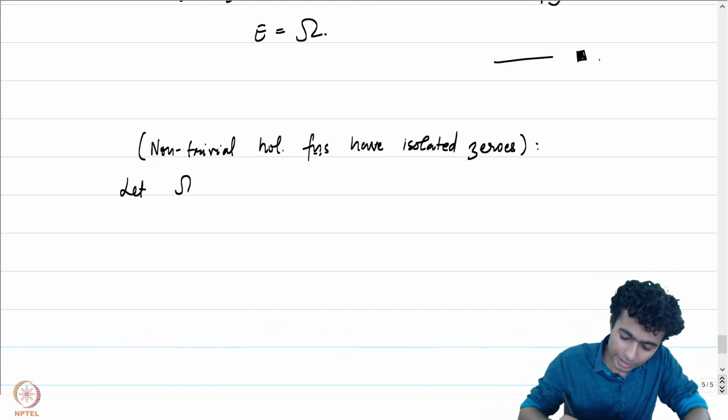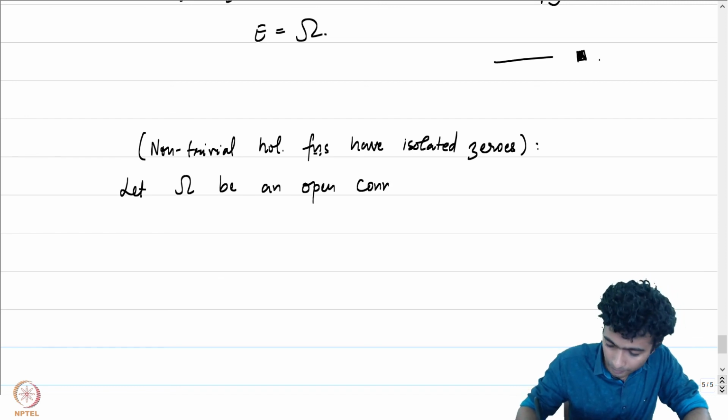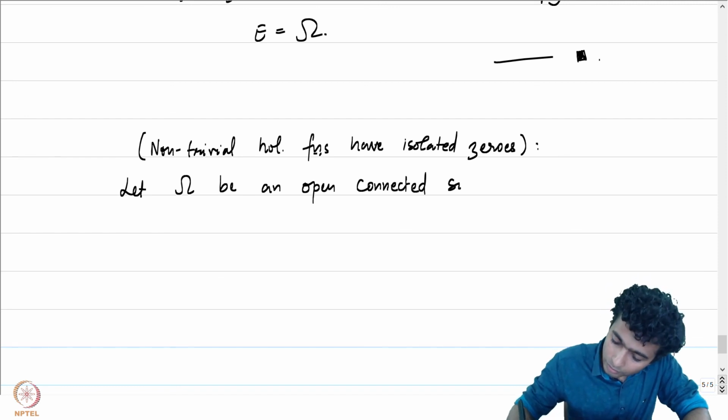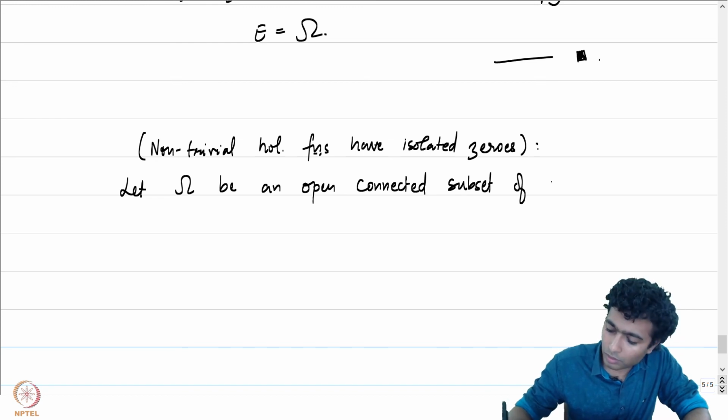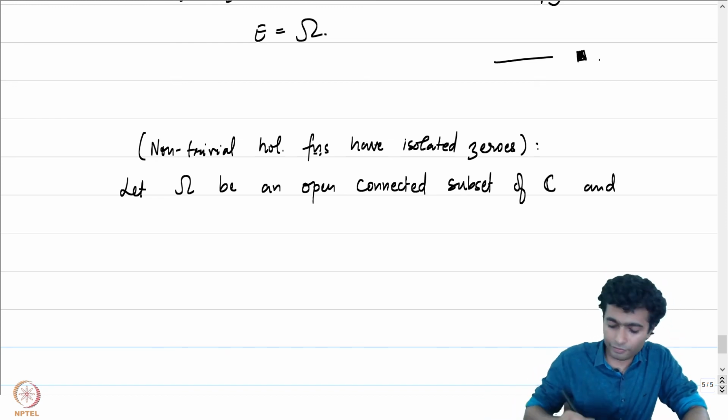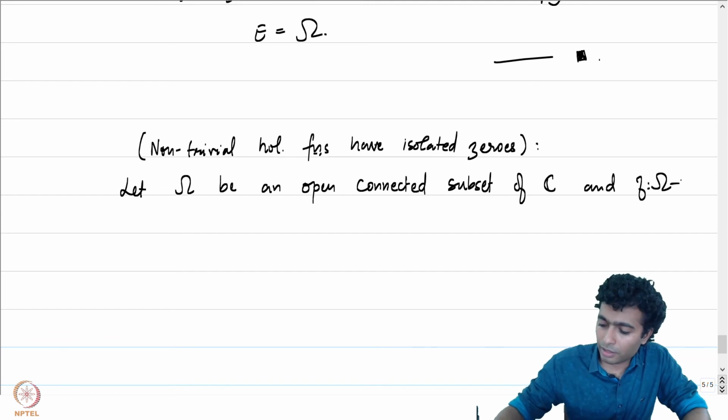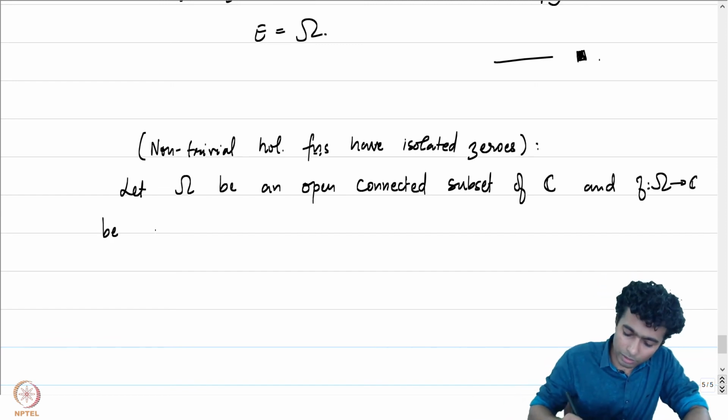Let omega be an open connected subset of C, and f from omega to C be a holomorphic function, or a complex analytic function if you prefer it that way.